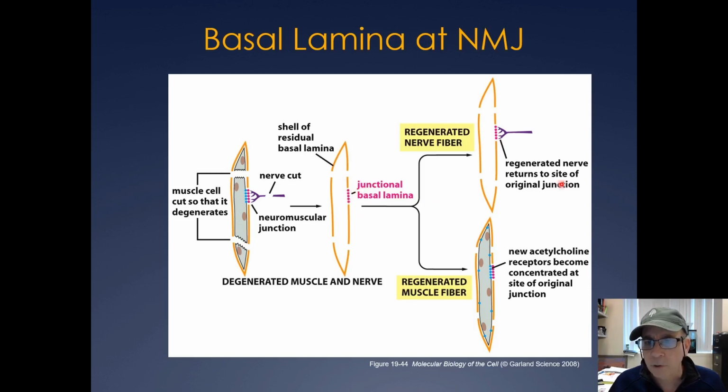And if you put a nerve cell back in, the nerve cell will know where it needs to attach. And likewise, if you regenerate the muscle, it will be right there. So it helps to organize cell-cell attachments as well.